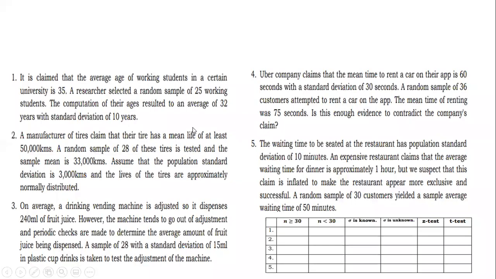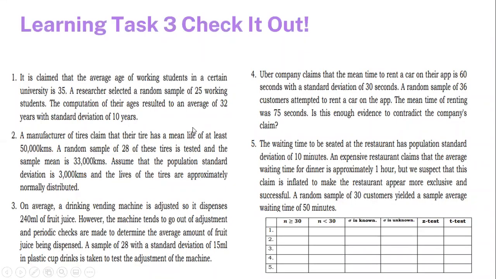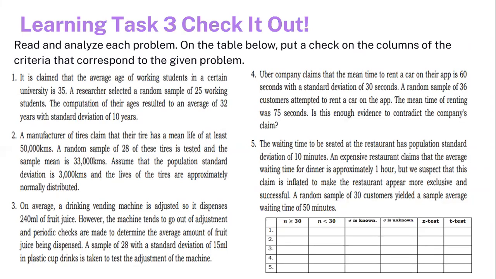And for your third task for this week, kindly answer learning task number 3, which is entitled Check It Out. You have the direction there. Again, please show everything. You may use this table for all your answers, so no need to state that in words.